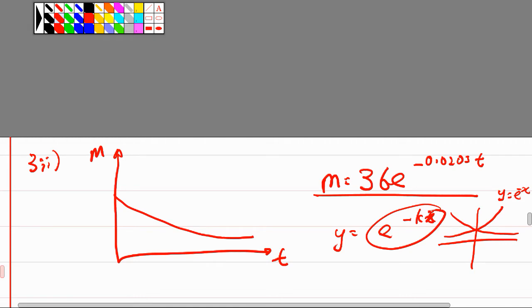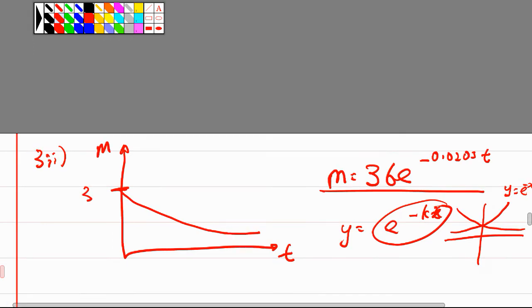That's it. But what is this value? This is M when time is 0. When time is 0, I put in 36. Check that your aeroplane is landing. So it's coming towards 0, but cannot touch 0. Good.